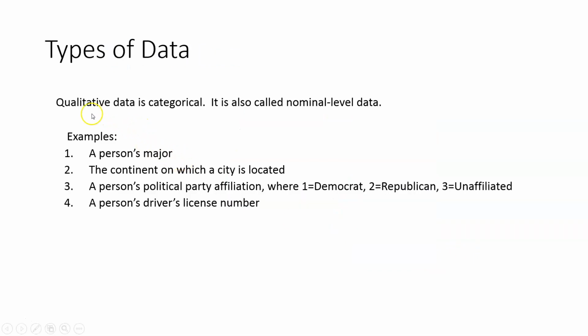So first of all, qualitative data. That's that categorical data, things that have labels but not numbers associated with them. So somebody's major.